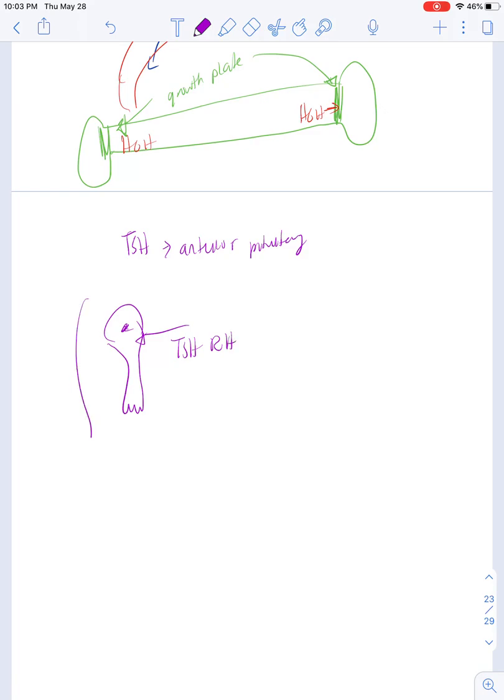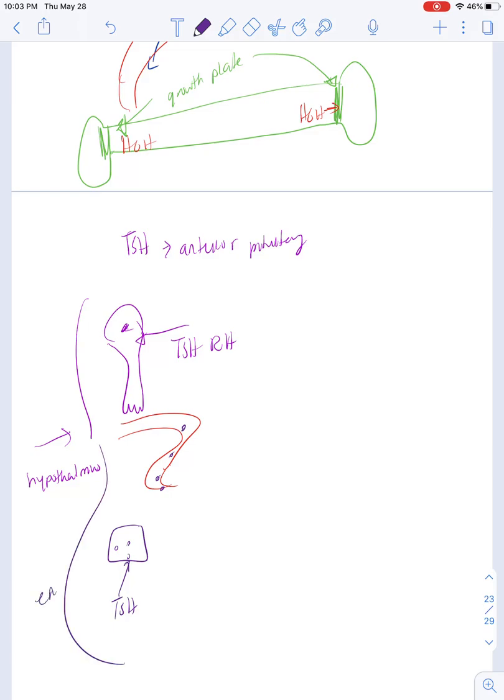So that neuron is located in the hypothalamus. Okay, and so your brain will tell you to release this TSH, RH. Okay, and then that will travel through the blood. Here it is. And that will actually cause the release of the actual TSH from the endocrine cell in the anterior pituitary.